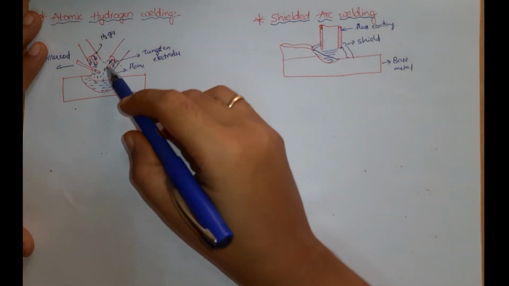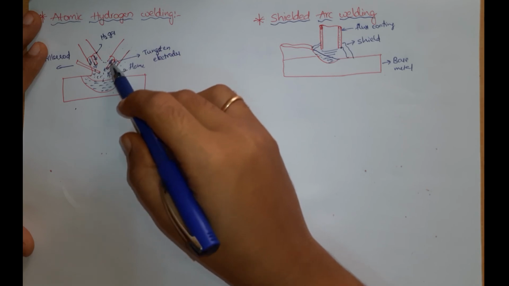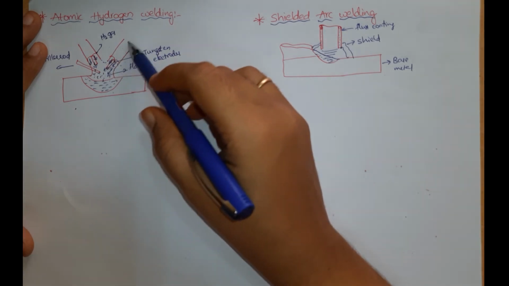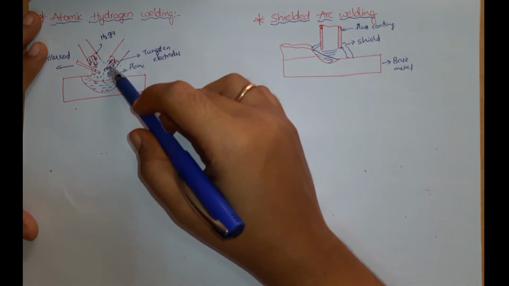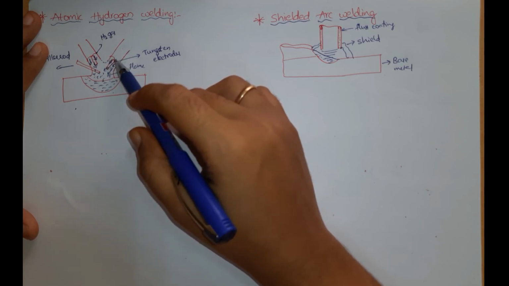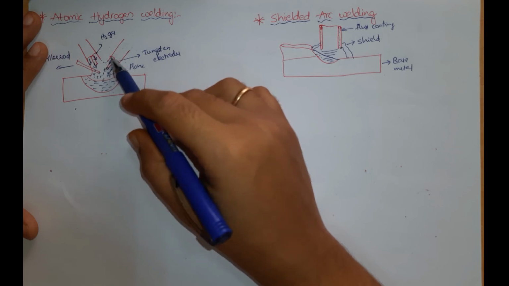Now, when these tungsten electrodes are connected to the AC supply and hydrogen flows from these cylinders, this hydrogen, when heated, changes into atomic form.